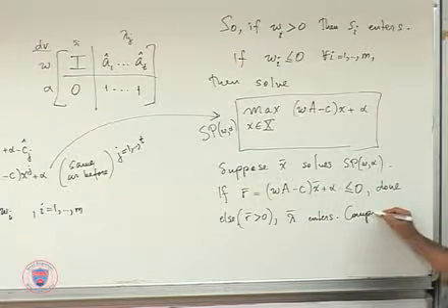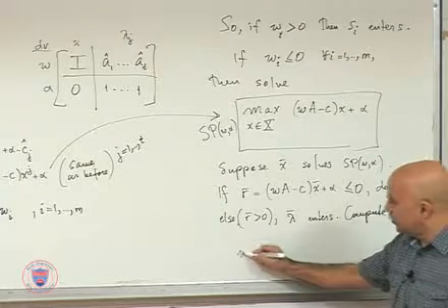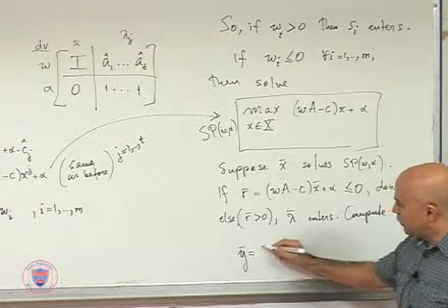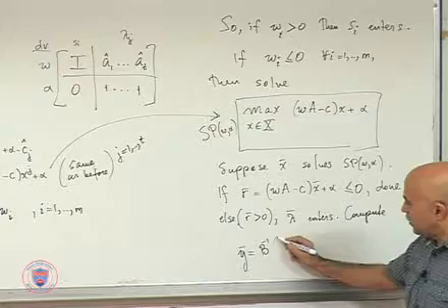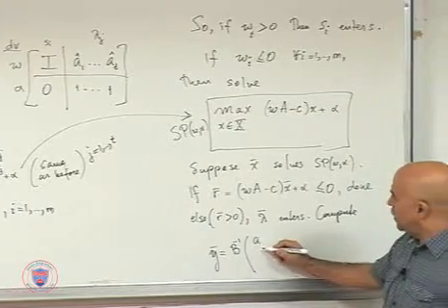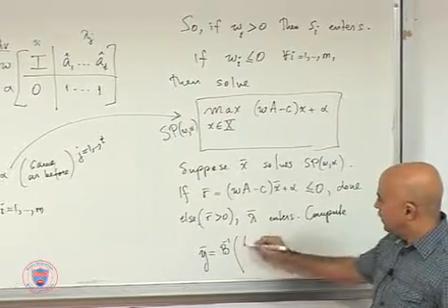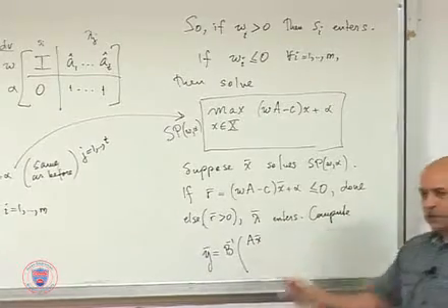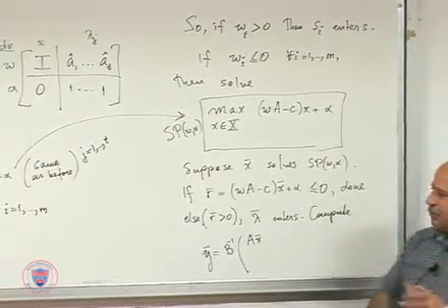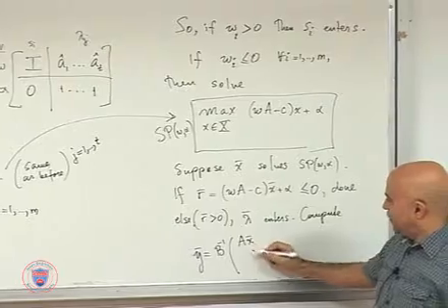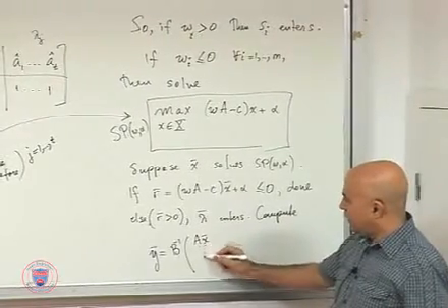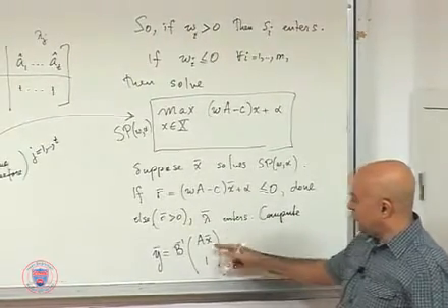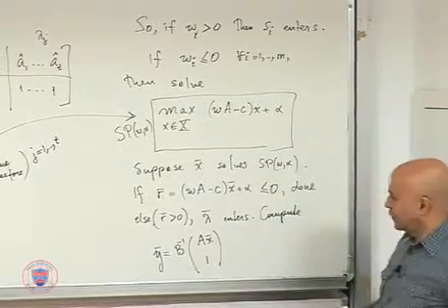So before doing anything else, you need to compute the appropriate y vector, which is your B inverse times A times X bar, the column associated with that extreme point.